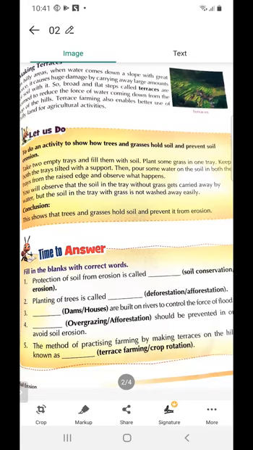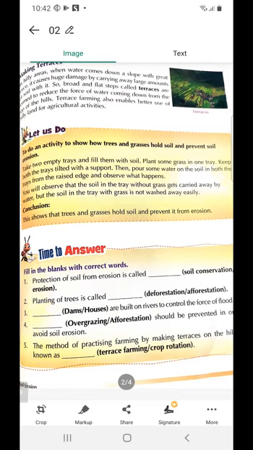So what is the activity? We are taking two empty trays and putting some soil into the trays, and after that we are adding some water into the soil. Then in the first tray we are planting some grass, and in the second tray we are planting no plant.